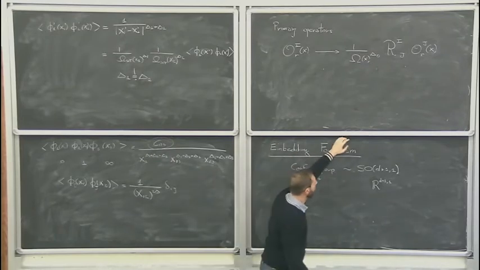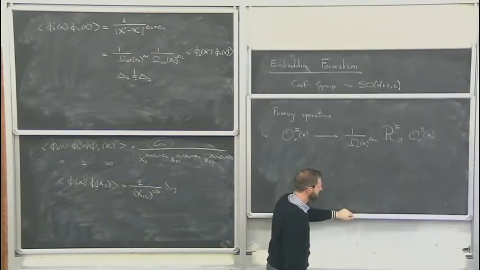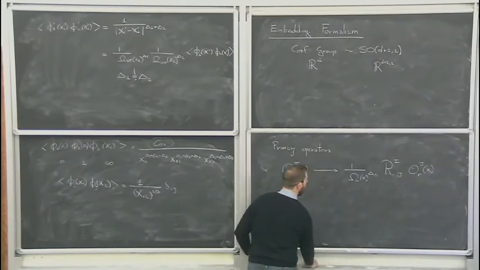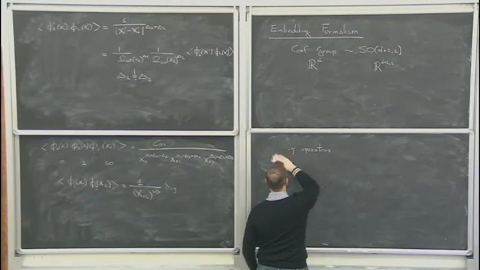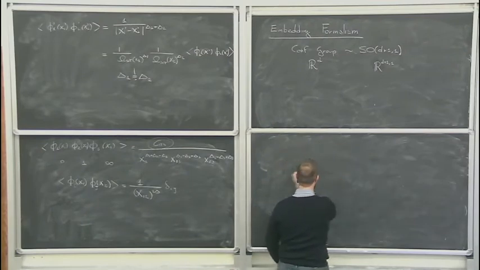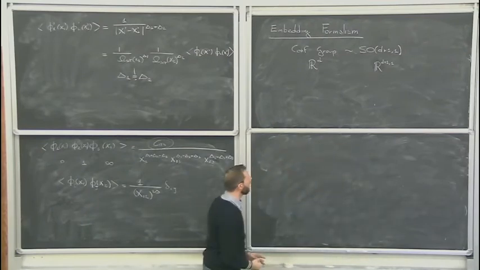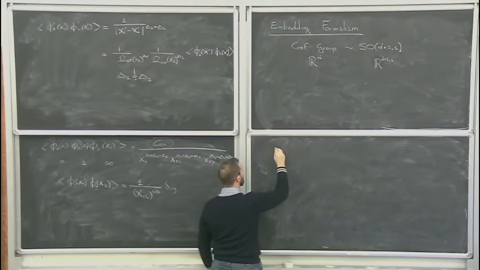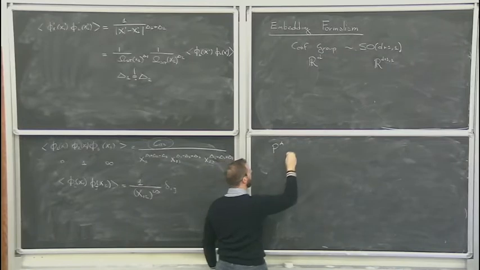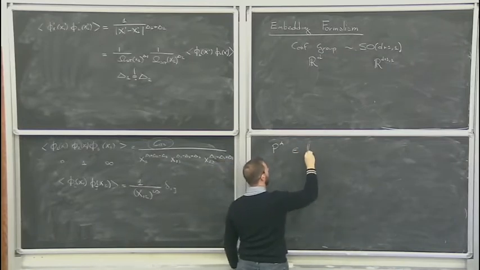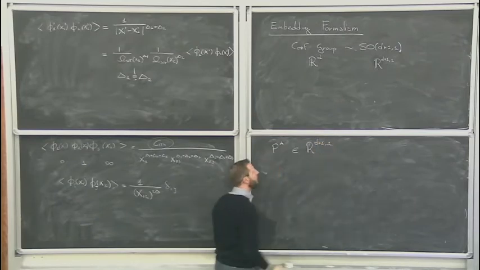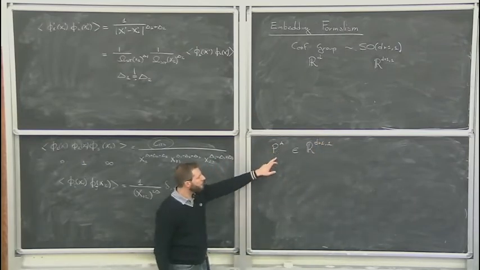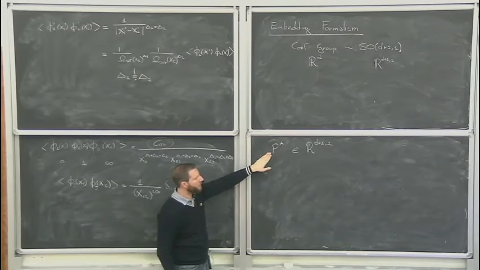And the way to do that is to consider the following embedding. First of all, let me introduce the notation. I will call coordinates inside the new space, R^{d+1,1}, P^A, not to confuse with the translation generator.